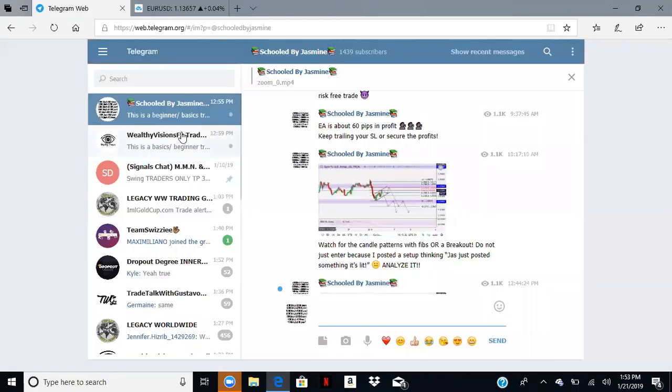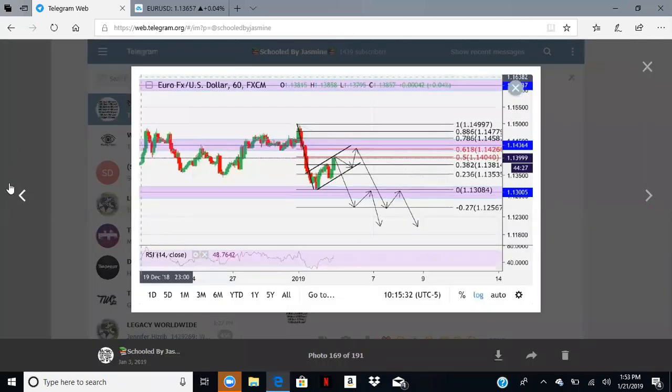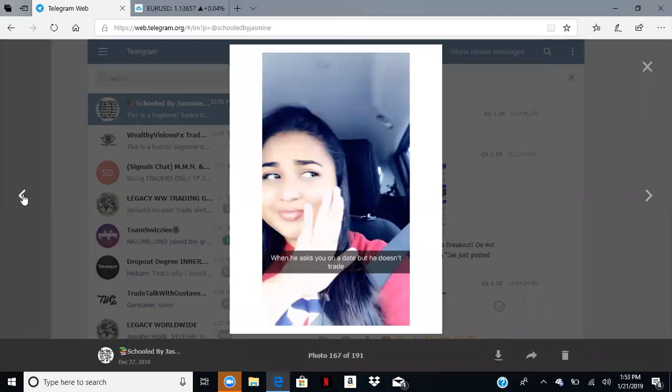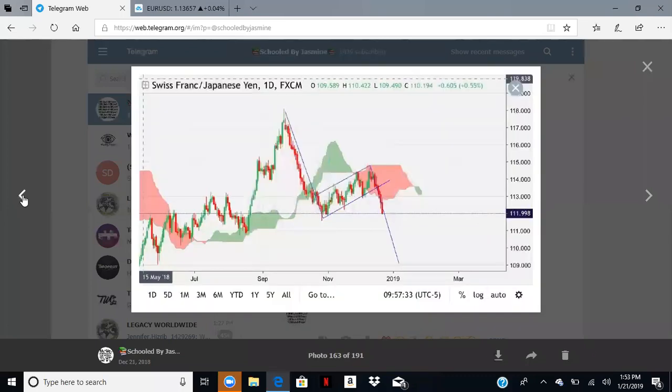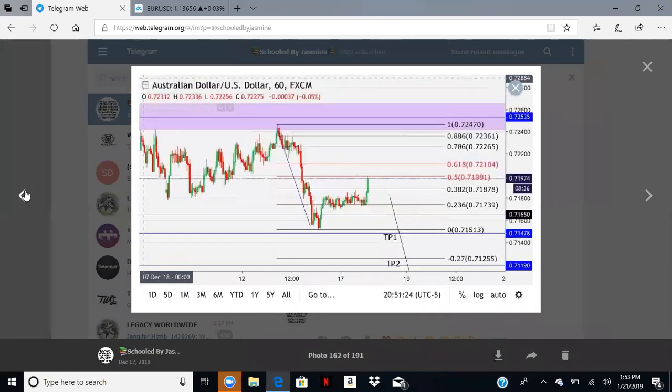So let me go through some of the posts that I've done in the past, just so you guys can see. It has to be this specific pattern. The impulse consolidation or impulse flag. It has to be this specific pattern if you're going to base it off of the cloud.